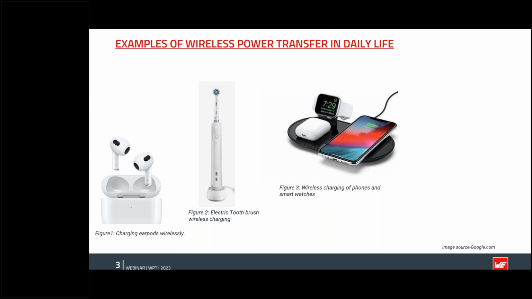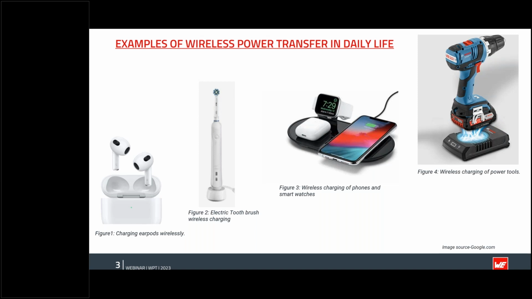And this helps us eliminate the use of cords and unnecessary cables. Figure 3 shows another example of a charging pad where we can use our phones, our watches and AirPods easily on a single platform without having to worry about using multiple cables for each device.